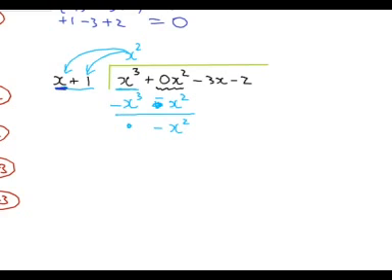You say x goes into minus x squared how many times? You'd end up with minus x. Correct.